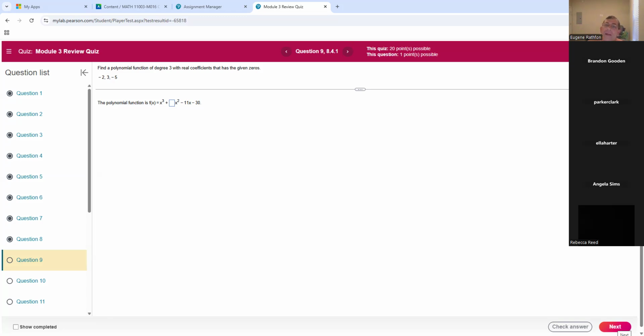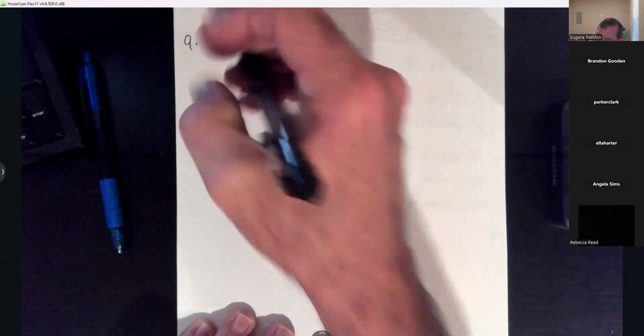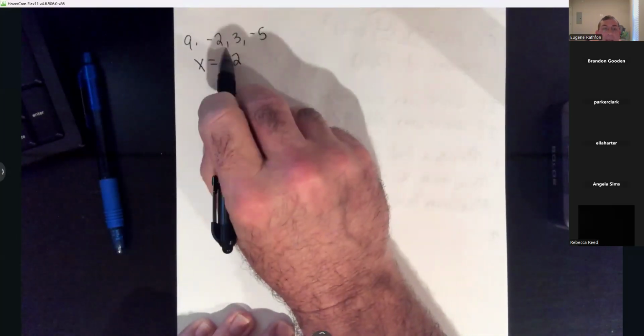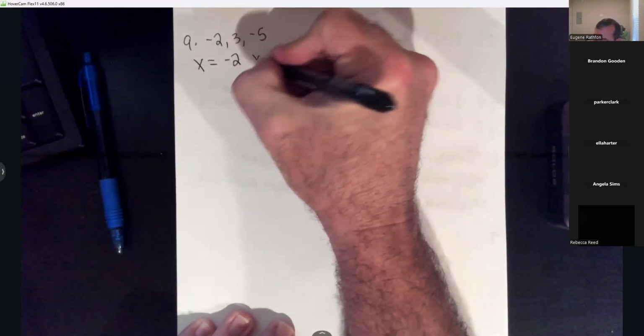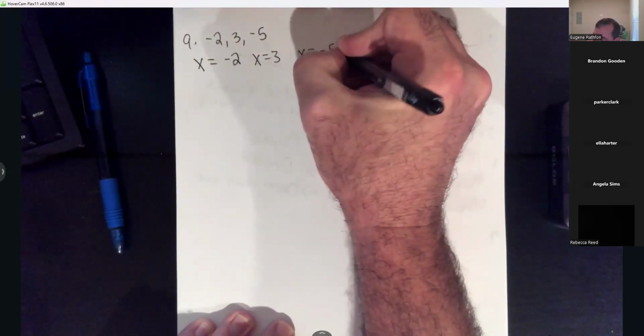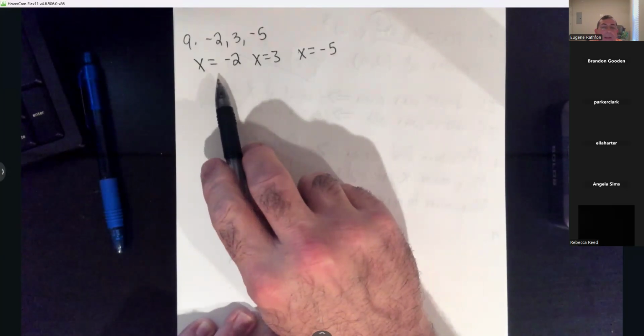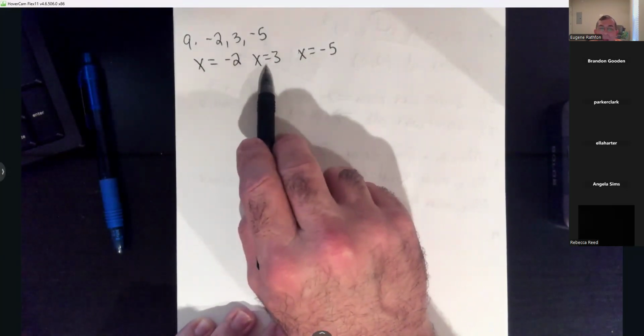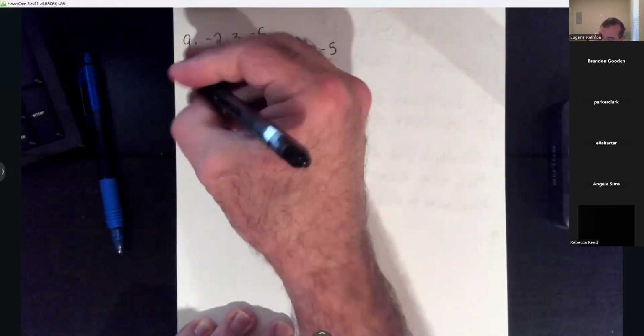So we're going to go in and have fun FOILing. These ones, when they gave you zeros, you set up all your answers. So x will equal -2, x equals 3, and then x will equal -5. And then I try to get zeros on the right side, so I'm going to add 2, subtract 3, and add 5.